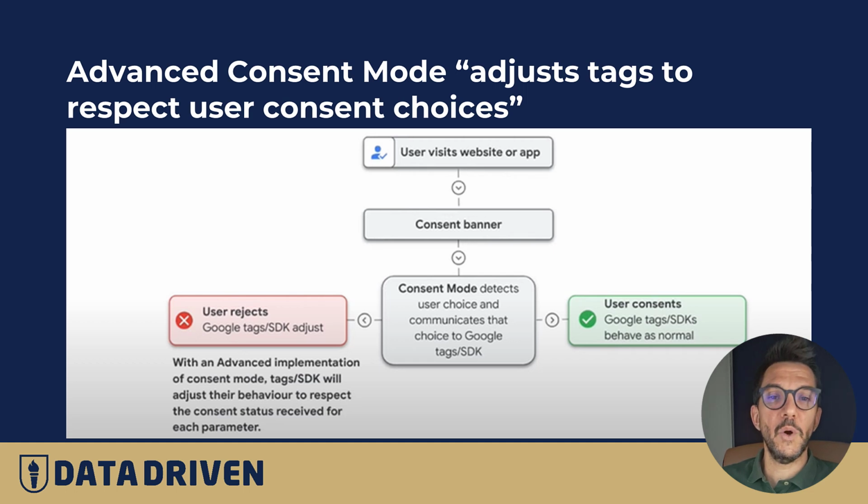With advanced consent mode, if the user denies on the consent banner that they do not want to be tracked, Google will still pass some data which will be, according to their promise, dropped immediately and not stored anywhere, but tags/SDK will adjust behavior to respect the consent status. So they do not explicitly say that they will stop tracking, they just say that they will respect the consent choice. You will see shortly what that means for your tracking.